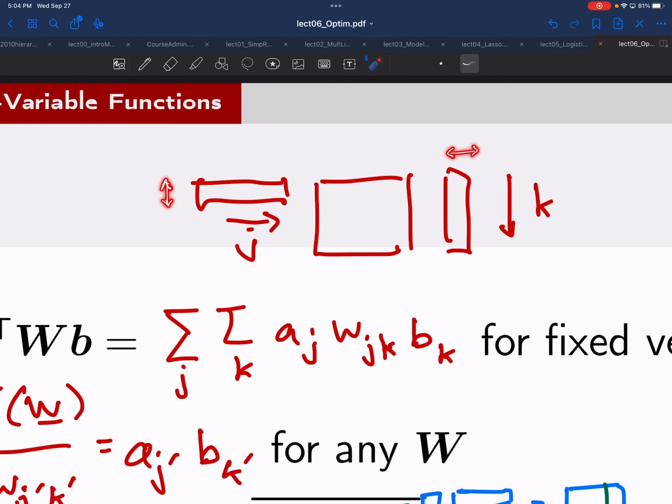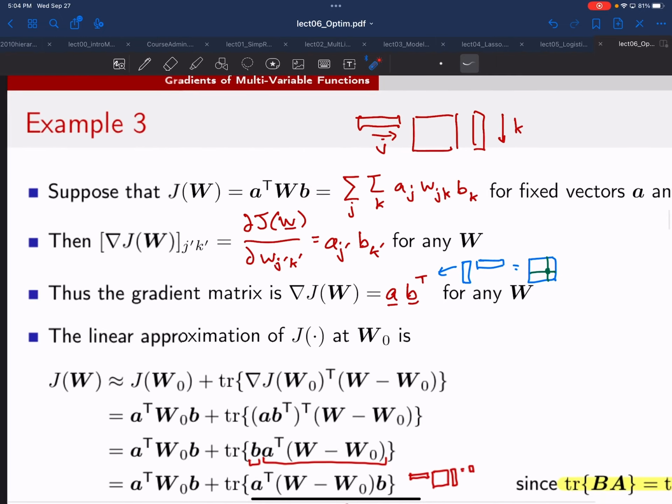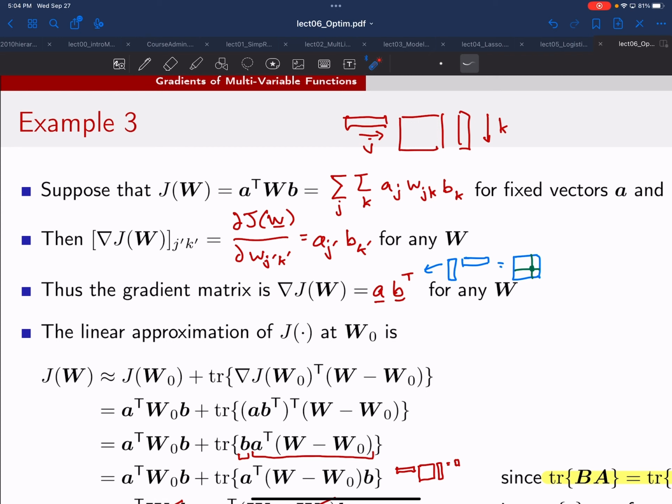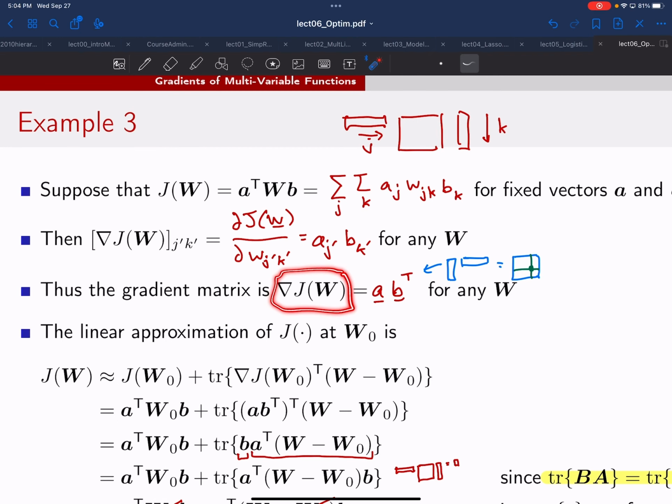This I understood. In the third step, you say it has to be a matrix. Yeah, so this is the entire gradient matrix. We know that the gradient matrix has the same shape as the parameter itself. So we know that this must be a matrix. Anything else would be some sort of mistake.